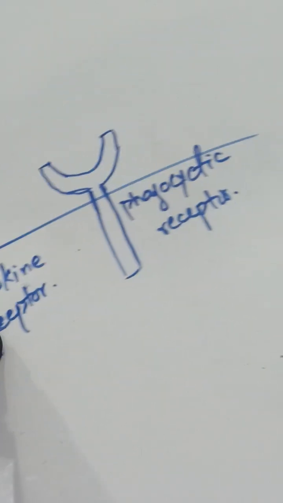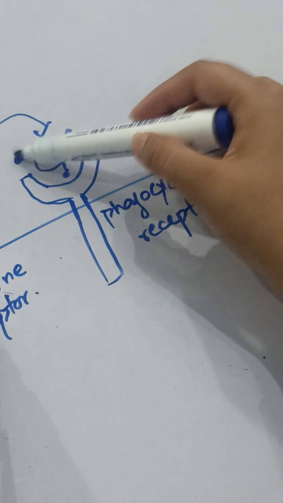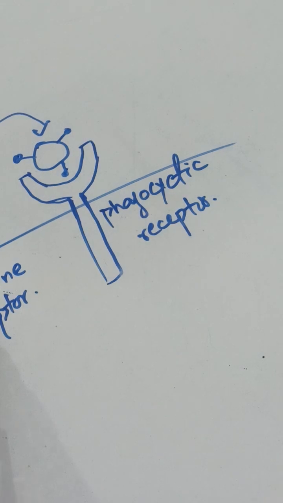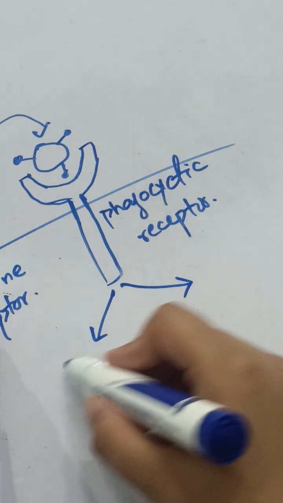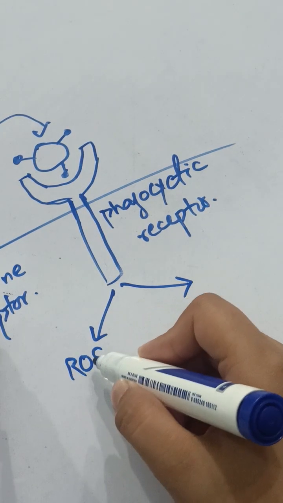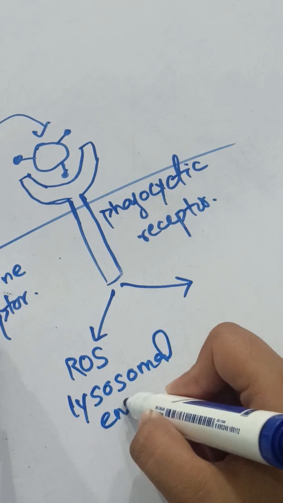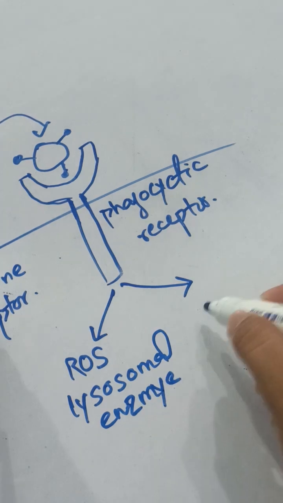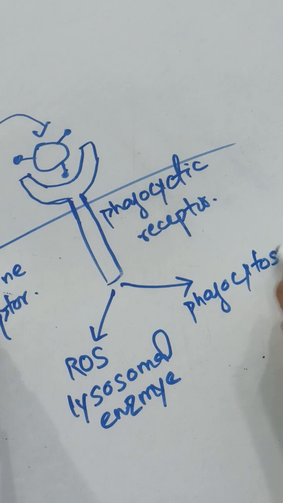The next receptor is the phagocytic receptor. Your microbe also binds with it, having the LPS, lipopolysaccharide, on its surface. The microbe can also have opsonin on its surface, and when it binds, it starts the phagocytic process. How will the phagocytic process occur? It will cause the formation of ROS and lysosomal enzymes that will digest your microbe, and similarly it causes phagocytosis.